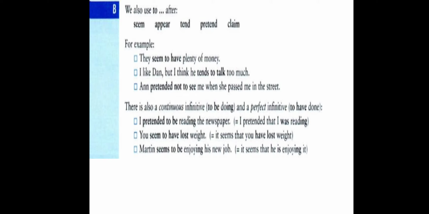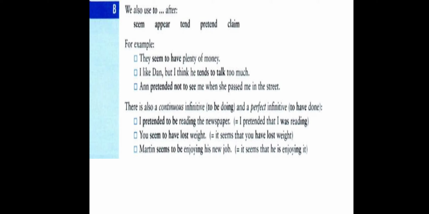And if we want to add the verb pretended to before I am, it becomes I pretended to, and am is changed into its base form be, so it becomes I pretended to be reading the newspaper. And here it is called infinitive continuous. It means I pretended that I was reading the newspaper.